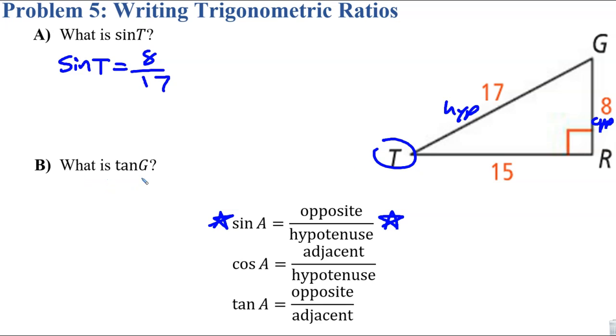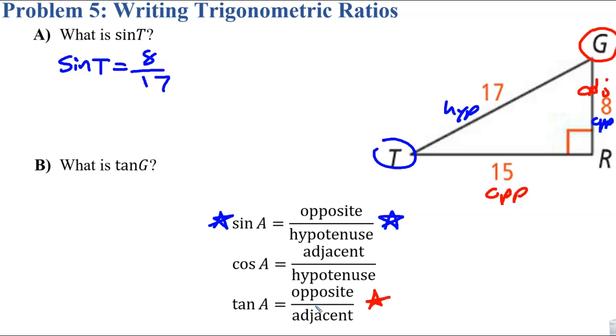B, what is the tangent of angle G? All right, so we're switching up our angle we're talking about. And as far as G is concerned, 15 is now the opposite side. 8 is the adjacent side related to G. Okay, 15 is across from the G. 8 is next to it.